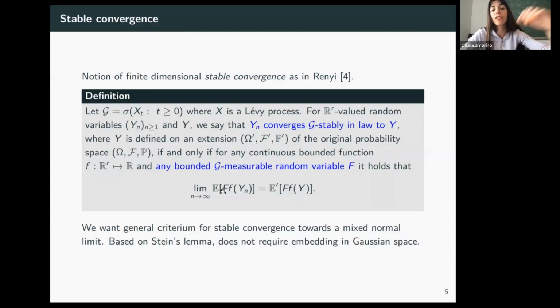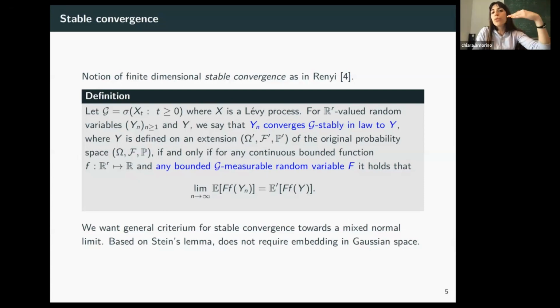No, because the original random variables Y_n are all defined in the original probability space. The extension is like the closure of the original one. It's true that you can restrict to the original probability space. Yes, sure.